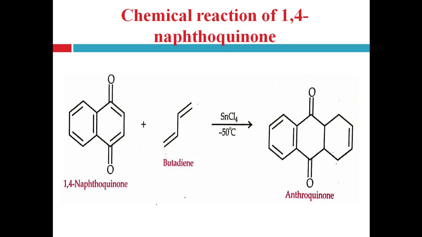It reacts with butadiene, a conjugated diene. 1,4-naphthoquinone is the dienophile and butadiene is the conjugated diene. They react with each other, undergo cycloaddition reaction in presence of stannous chloride at low temperature and form anthraquinone.